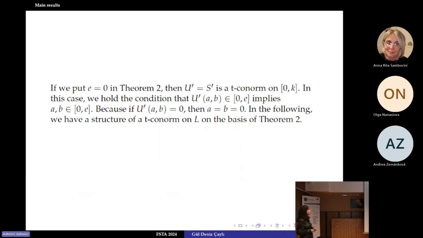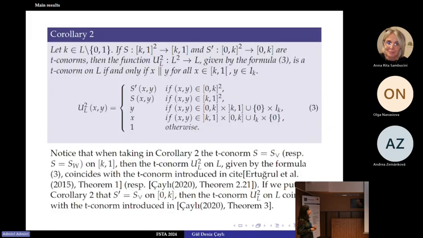If taking E equal to 1, then we get a T-conorm, and it also satisfies this condition. In this case, we have a structure of a T-conorm defined by formula 3. Here, if we consider the supremum T-conorm or the drastic T-conorm on the closed subinterval [K, 1] or [0, K], then we have some existing T-conorms.